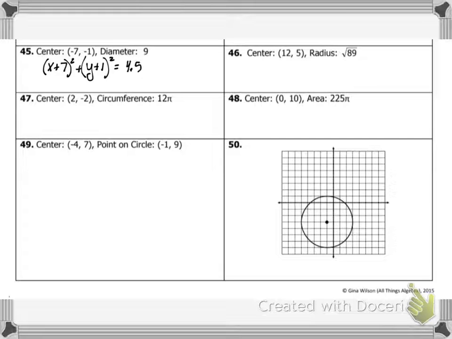Equals 4.5 squared. Okay, 4.5 squared is 20.25. So (x plus 7) squared plus (y plus 1) squared equals 20.25.